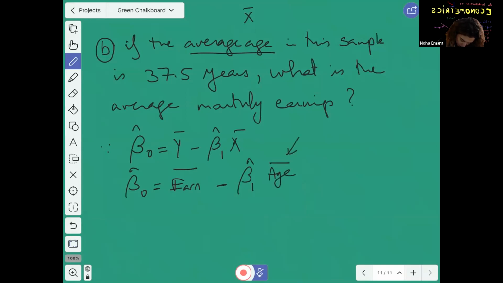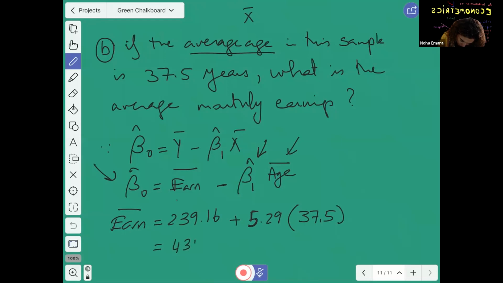I have these given and I need to solve for earning bar. So earning bar is equal to 239.16 plus 5.29 times 37.5, which gives $434.16 per month.